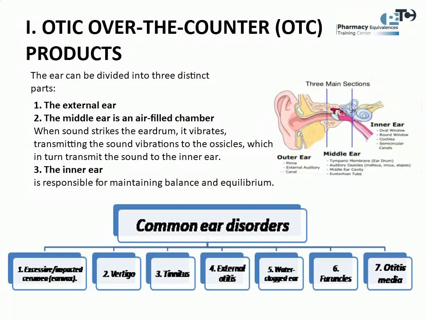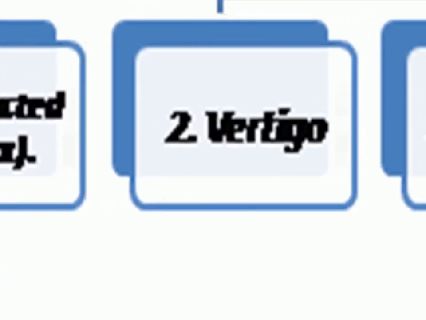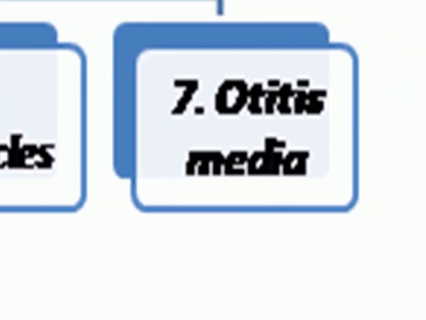The first one is excessive impacted cerumen, then vertigo, tinnitus, external otitis, water-clogged ear, furuncles, and otitis media. We will know each one and which one of them has an OTC medication and which one we must refer to the physician.